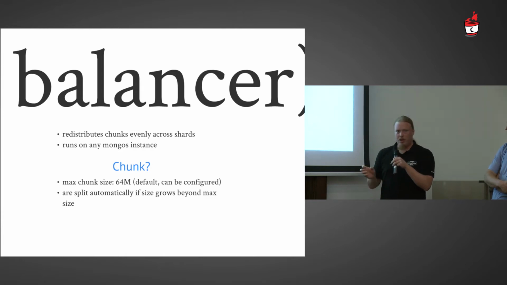So for example, if I have a collection bigger than 64 MB and I enable sharding for this collection, I have my initial chunk, and if this is bigger than 64 megabytes, it will be split. If I have a much bigger collection, then I will of course have more than 2 chunks, and then the balancer kicks in and distributes my data across shards.